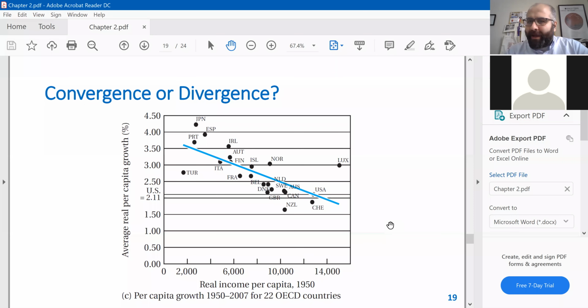So in that respect, conditional convergence underlines differences in the determinants of long-run income levels. What are these determinants? In the Solow model, they are the saving rate, population growth rate, productivity growth rate, etc. In the augmented Solow model, you also have human capital accumulation, so the average schooling of workers also matters, right?